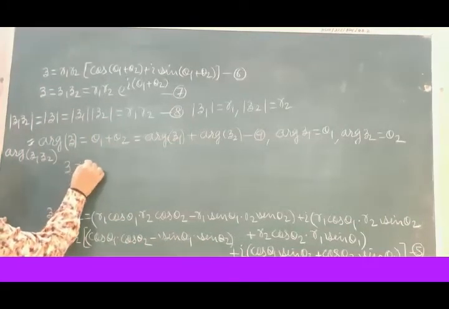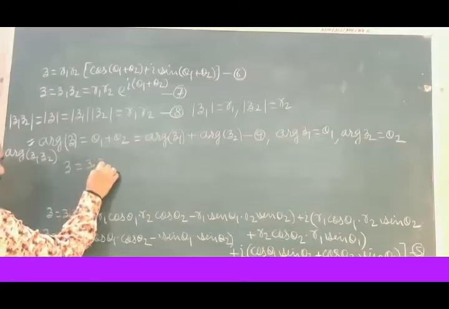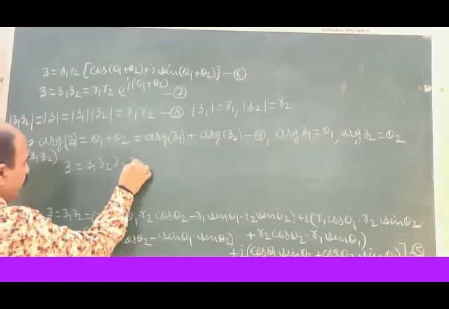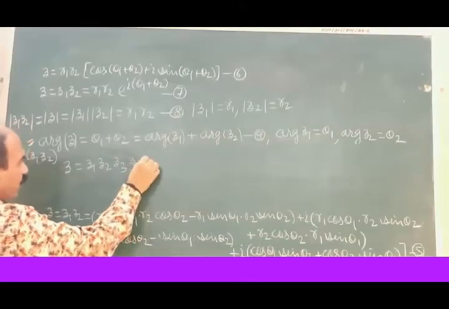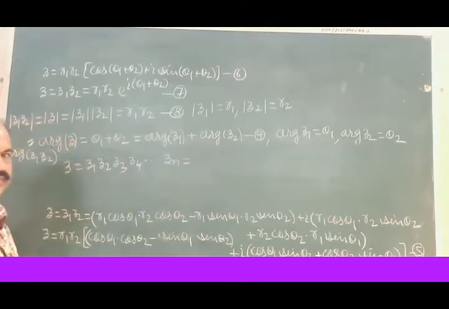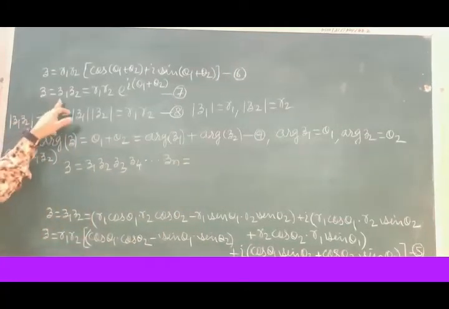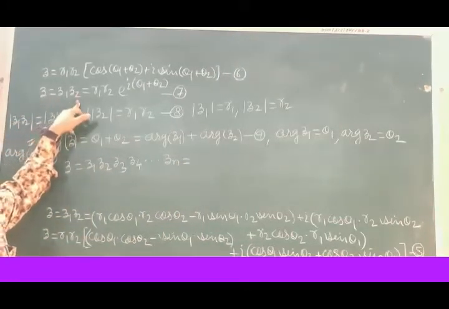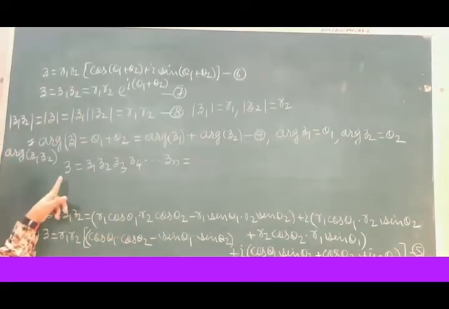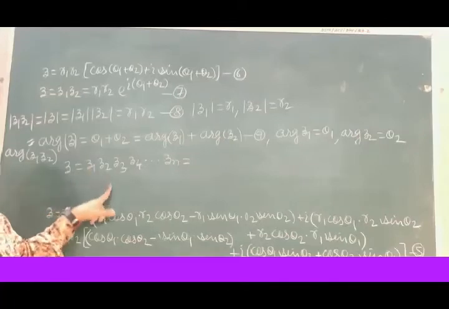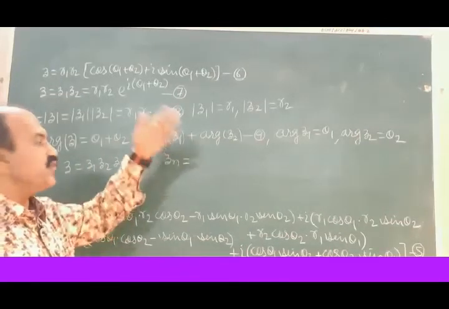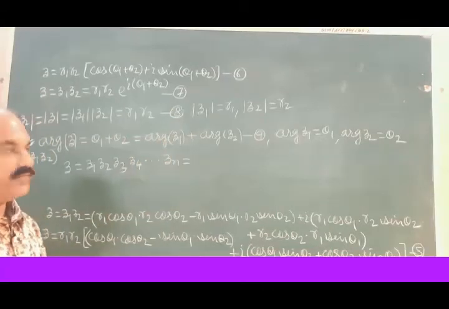Product Z will be equal to Z1 into Z2 into Z3 into Z4 up to Zn. Z is equal to Z1 Z2 for two complex numbers. If you have n complex numbers, then their product is Z is equal to Z1 into Z2 into Z3 into Z4 into Z5 into Z6, Z7 and so on up to Zn.